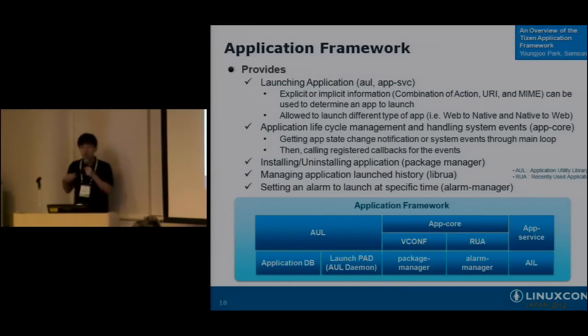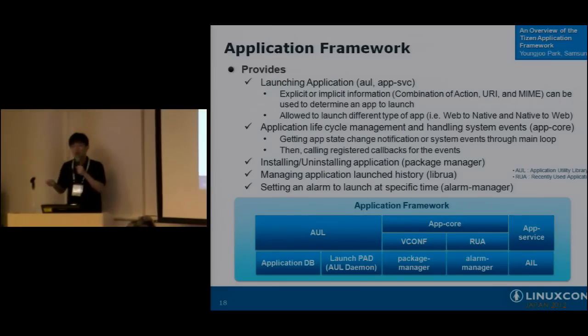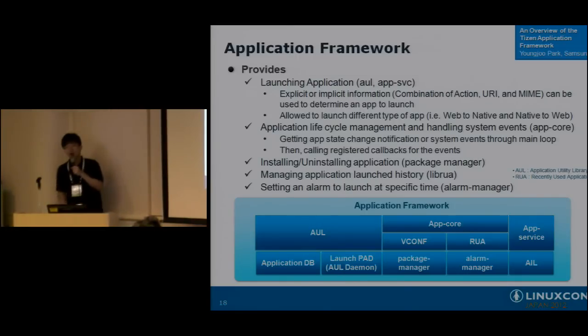So sometimes you would like to get some information like which applications were recently used by the user. And it also supports setting an alarm to launch a specific application at a specific time.